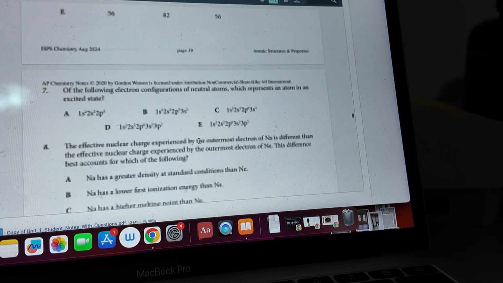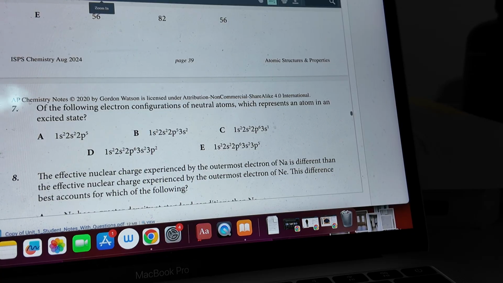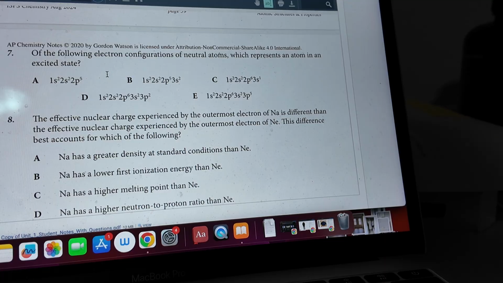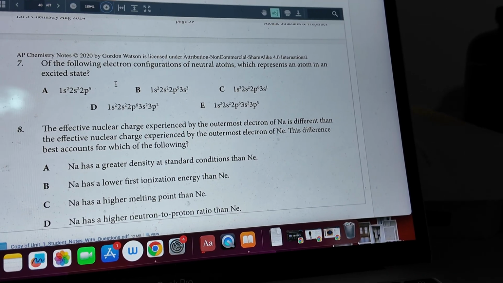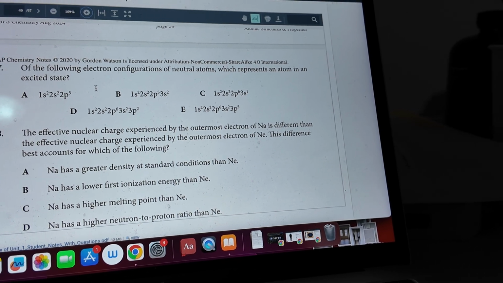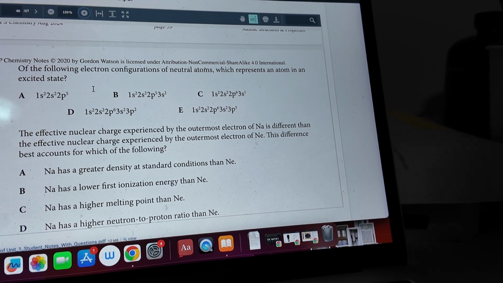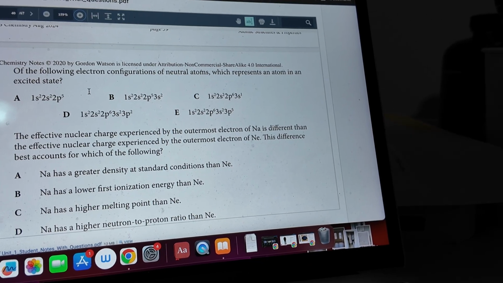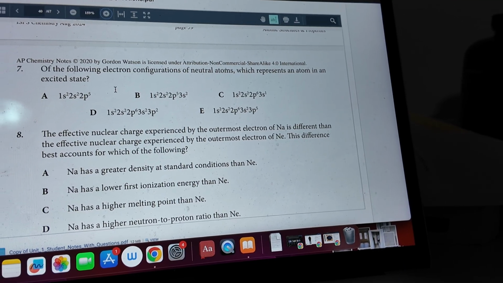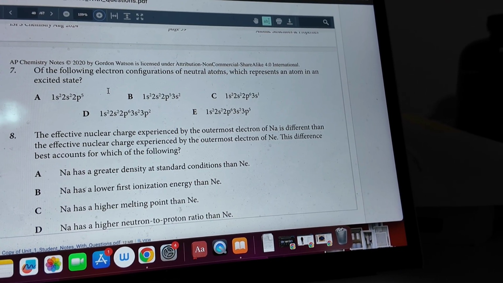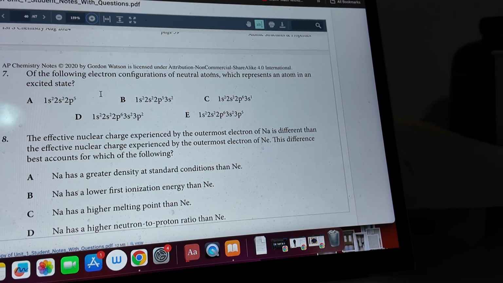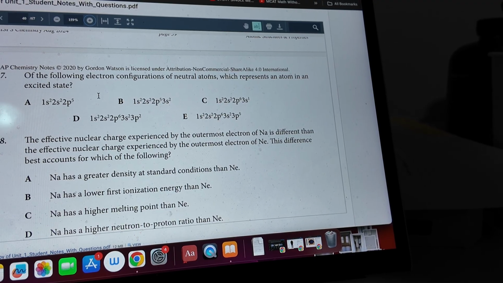Good gosh. Okay, I'm not going to zoom in anymore because I don't think that worked well for me. So number 7, it asks, of the following electron configurations of neutral atoms, which represents an atom in an excited state. And remember that lab that we did where we saw all those colors? Those were electrons in the fire, with the chemicals in the fire. And those were electrons jumping from an excited state and coming back down.